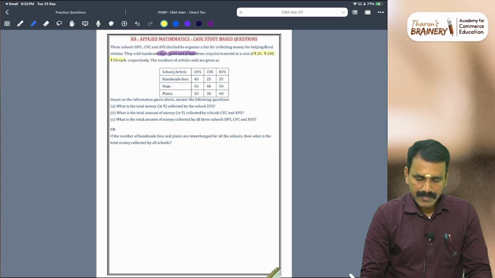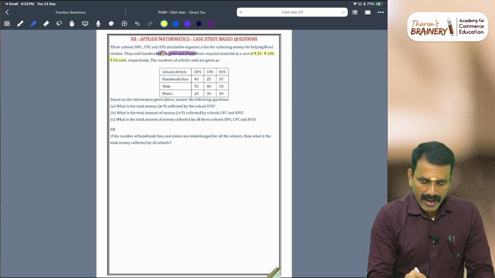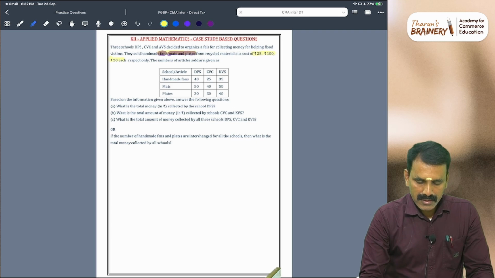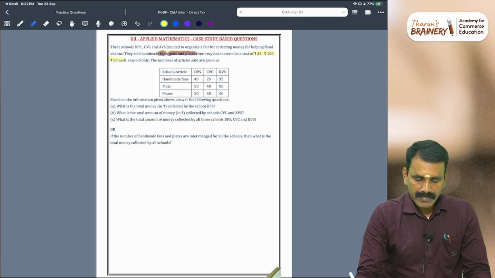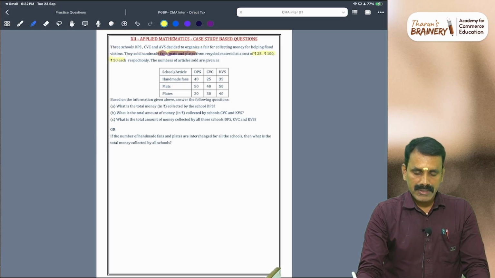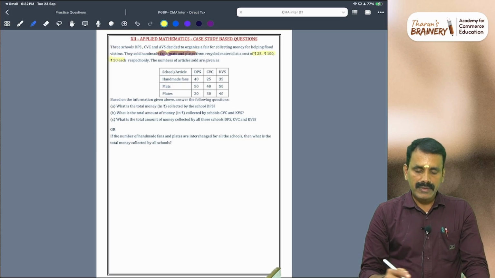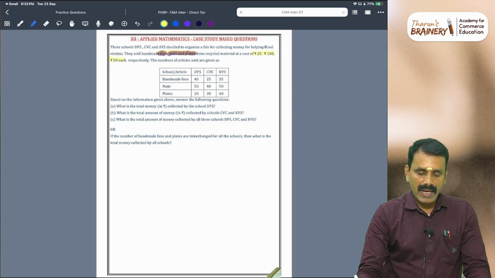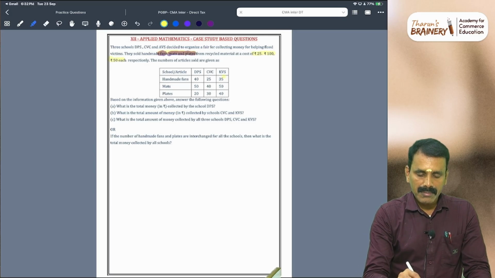That is, handmade fan costs 25 rupees, mats cost rupees 100 and plates cost rupees 50. Is it clear? And the number of articles sold by each school in each article are given in the table format.